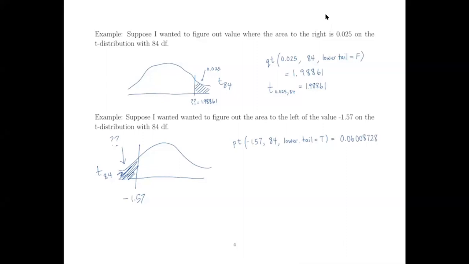I usually round these to about 3 decimal places. I'm not picky in this class. Whatever you think makes the most sense, but usually I think 3 decimal places is pretty good. So this area is known, that shaded area, and it's about 6%. If I wanted to write this in the notation, you'd say t of 0.06, with 84 degrees of freedom, is equal to minus 1.57. So that's how that works.